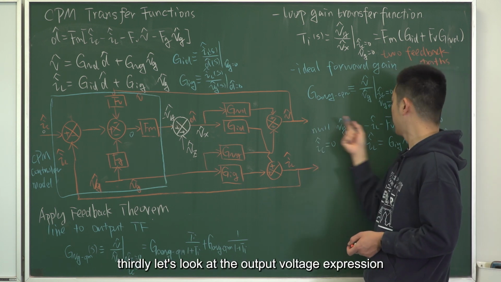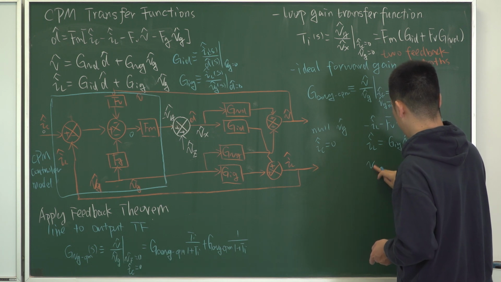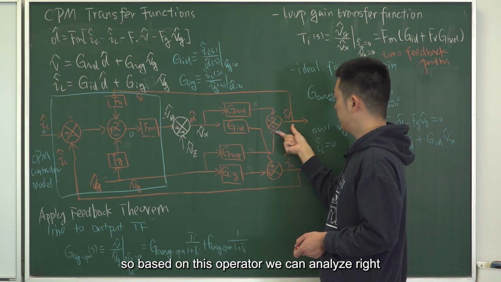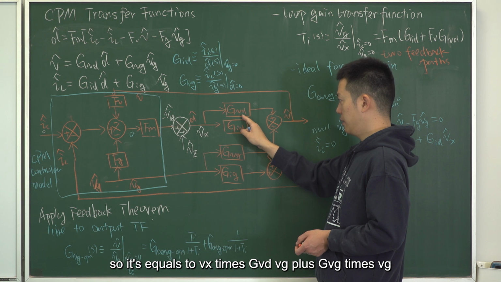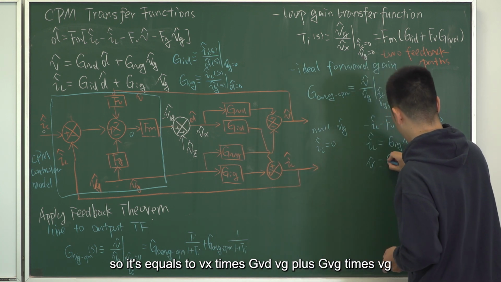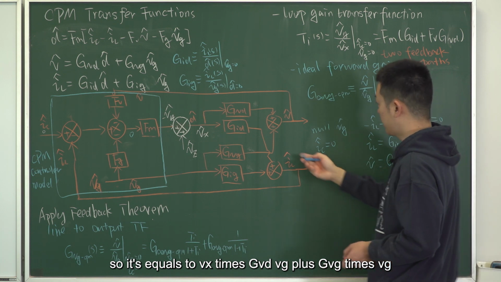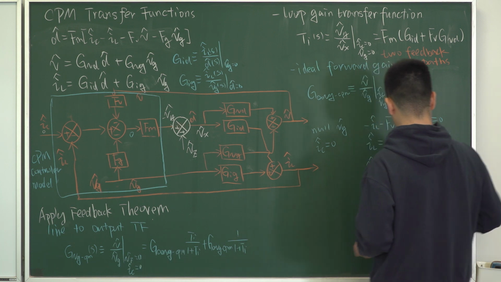Thirdly, let's look at the output voltage expression. Based on this operator, it equals Vx times GVD plus Vg times GVG.